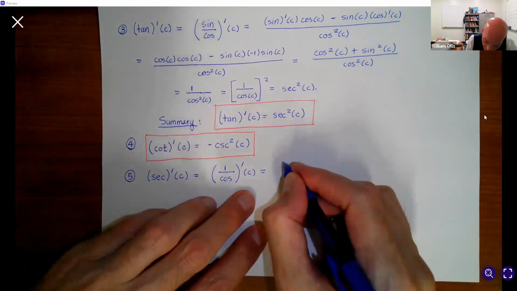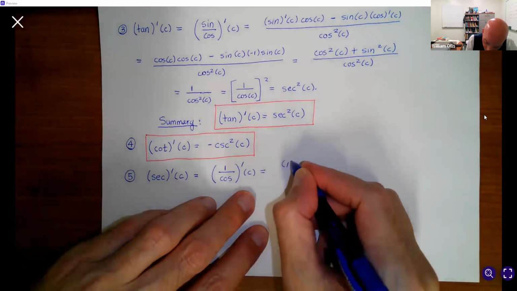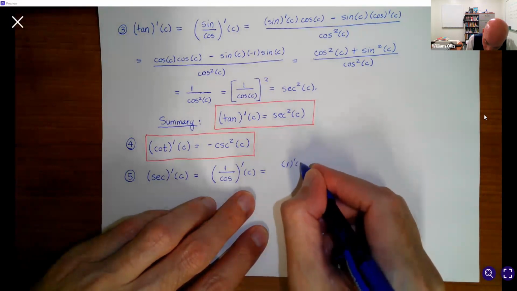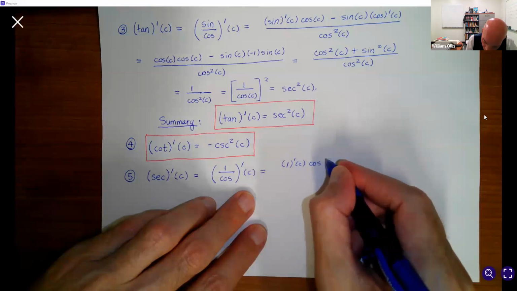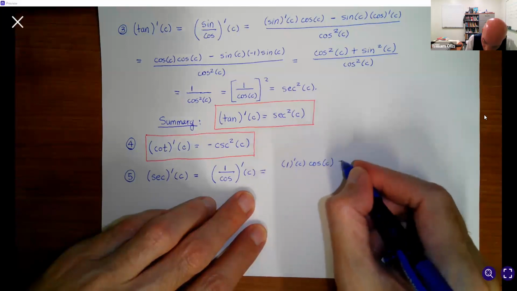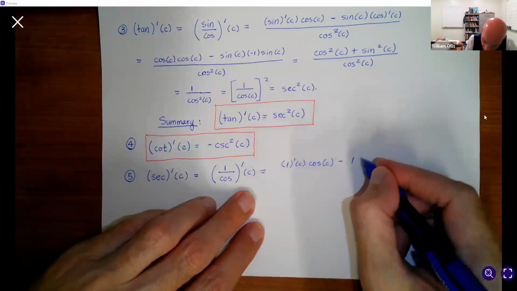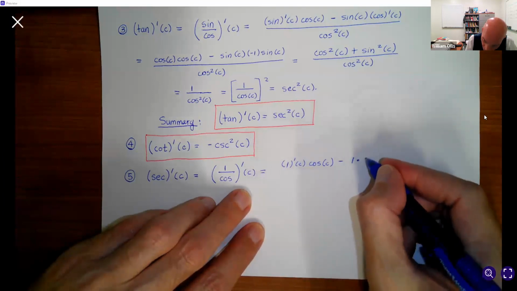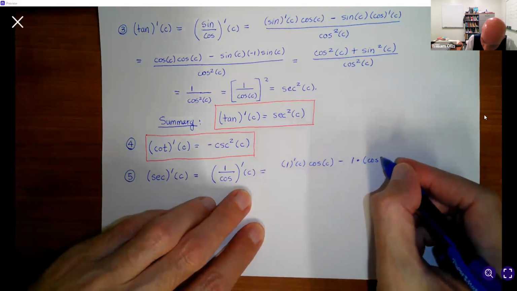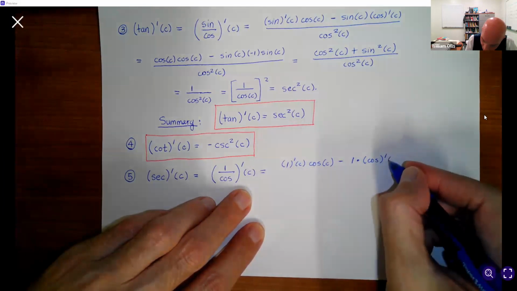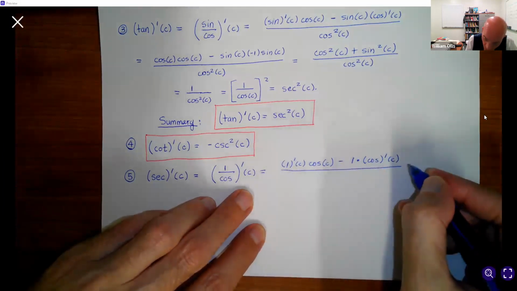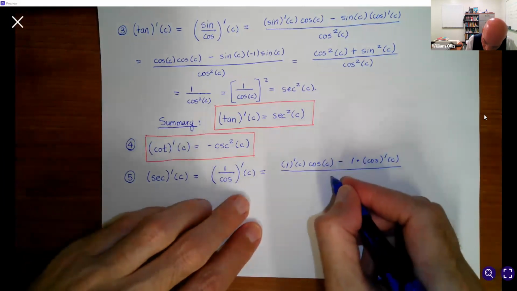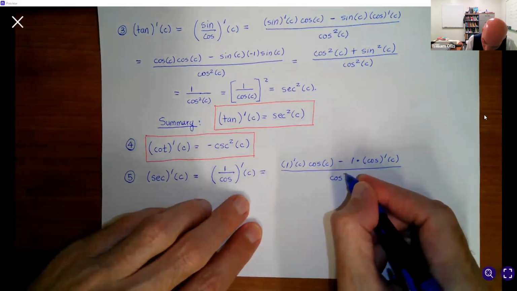So now we just got the derivative of 1 evaluated at C times cosine evaluated at C, minus 1, I just put a little dot, times cosine derivative at C, divided by the square of the denominator. Again, looks familiar, cosine squared at C.